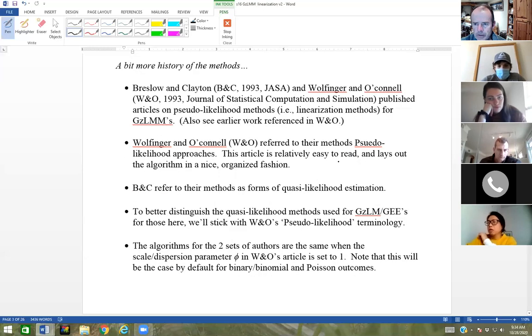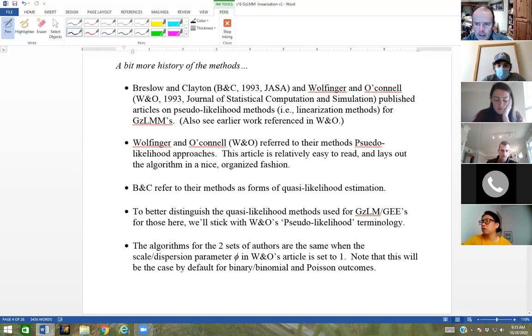Just a bit of history. The papers that developed these methods came out in the early 90s. There were a couple of papers right about the same time that talked about the same methodological approach. Breslow and Clayton called their methods quasi-likelihood, penalized quasi-likelihood.